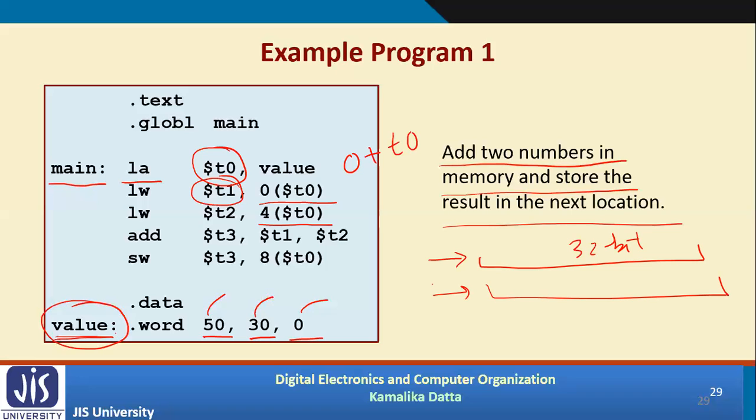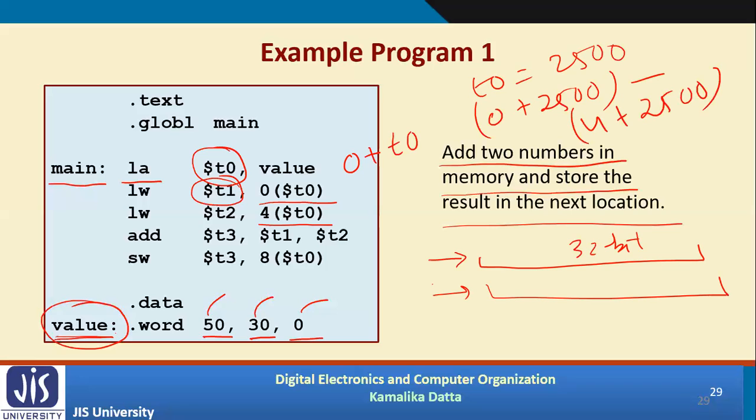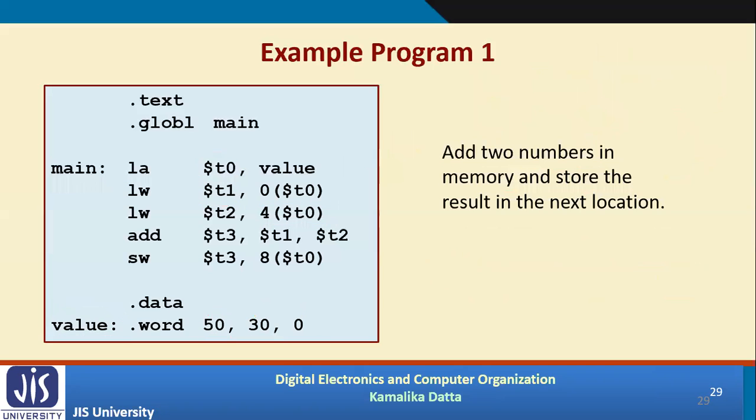If $T0 is, let's say, address 2500, then with 0 plus 2500 I'm accessing the first word, then with 4 plus 2500 I'm accessing the next word from 2504, and so on. Finally, the 2 words are in $T1 and $T2.